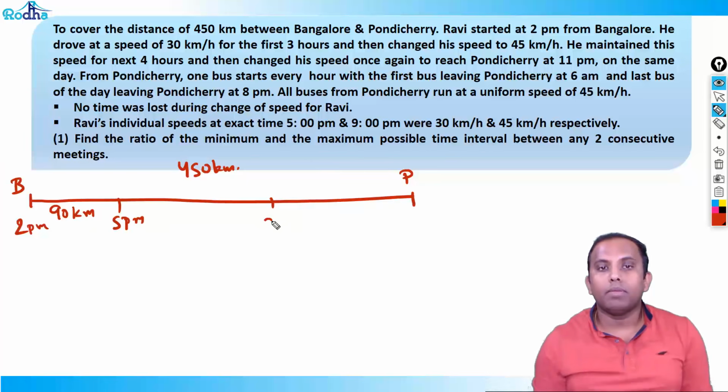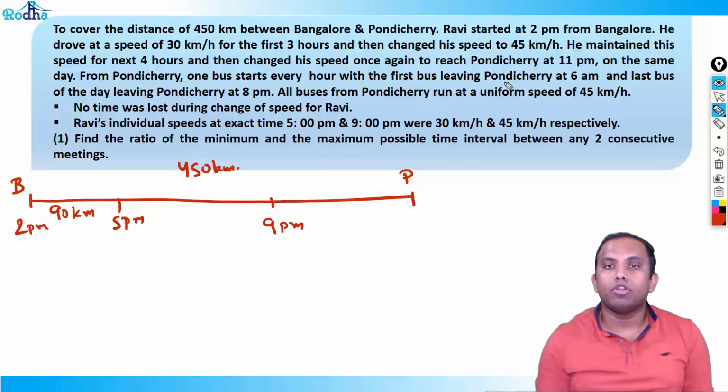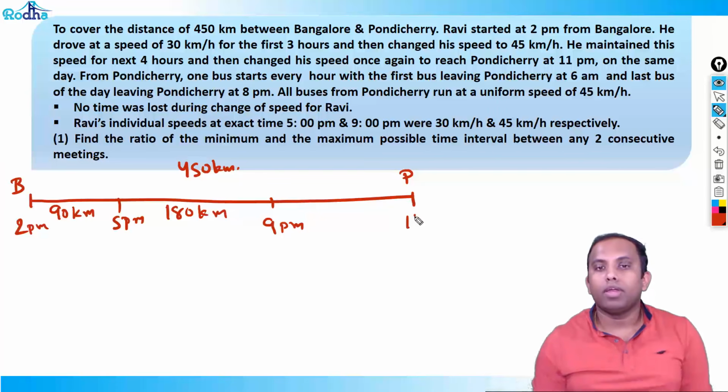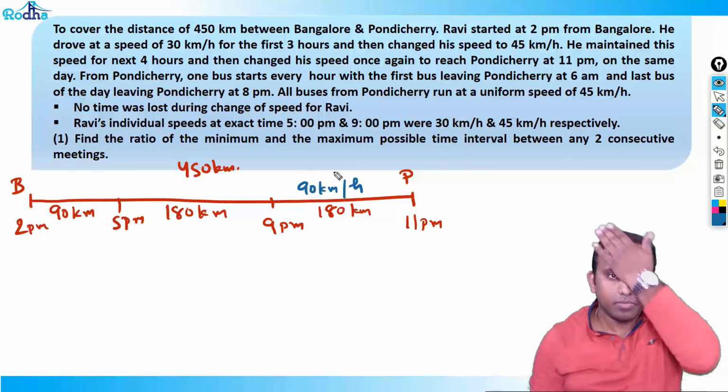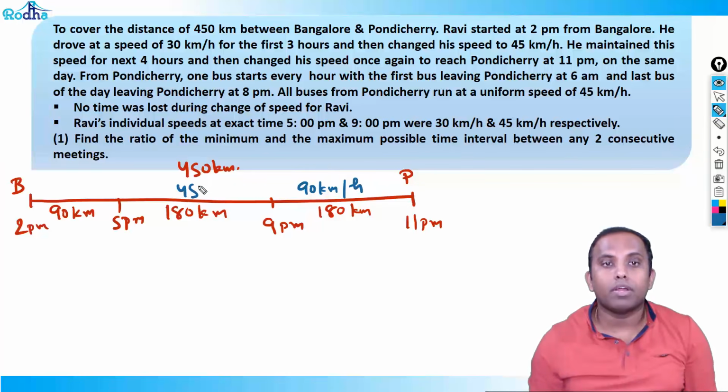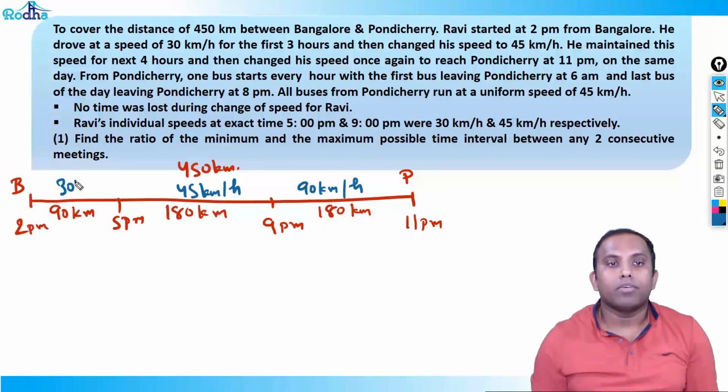From 5 p.m. to 9 p.m., at a speed of 45 for 4 hours, is 180 kilometers, and from 9 p.m. to 11 p.m., 180 kilometers is left in 2 hours. So the speed here is 90 kilometers per hour, here 45 kilometers per hour, and here 30 kilometers per hour.